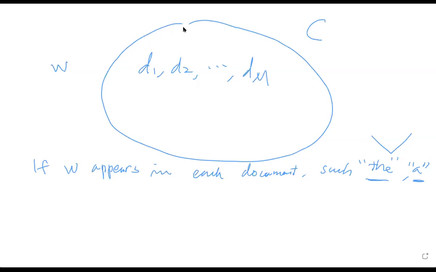Instead, let's say I have a W prime that only appears in the first document and the last document. It doesn't appear in the documents in between. Then this W prime will give more information about D1 and DM because it doesn't appear in others. So that means we need to look at document frequency.